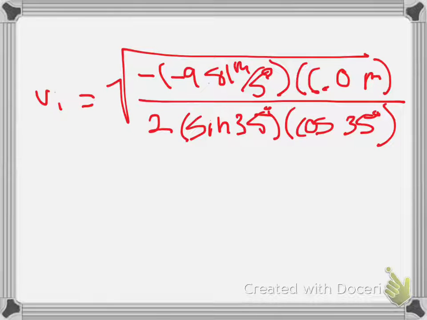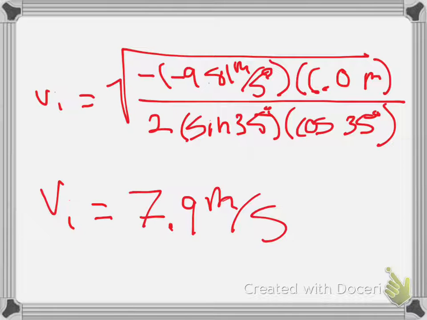If you run the math out on that, you should wind up with approximately 7.9 meters per second as the minimum velocity required to do this. Of course, anything over that would also accomplish the same task.